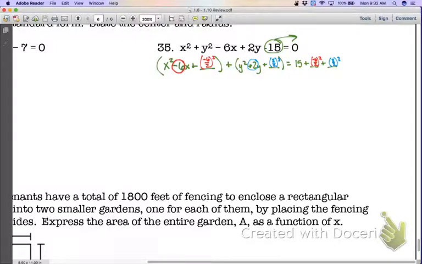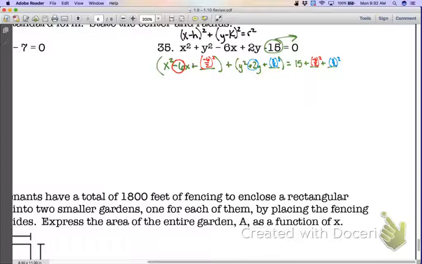So remember, if we want it in standard form, standard form is just x minus h quantity squared plus y minus k quantity squared equals my radius squared. So I'm going to take this.